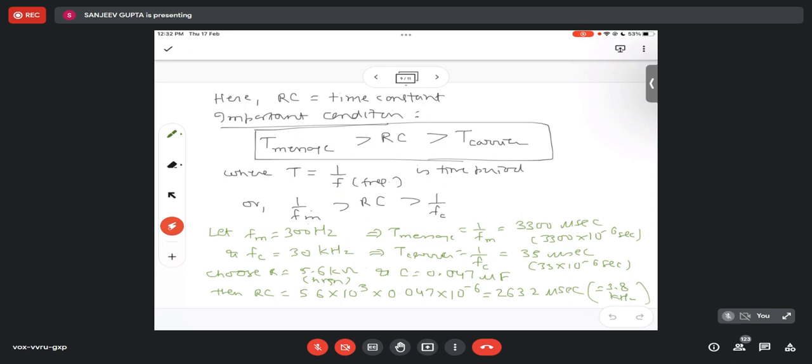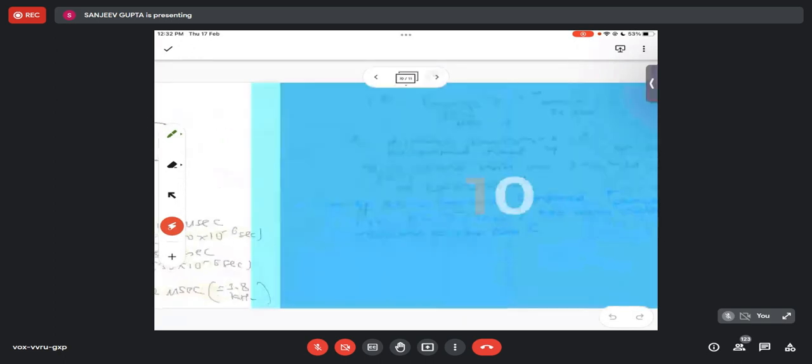So it becomes 5.6 into 10 to the power 3 into 0.047 into 10 to the power minus 6. That will give you the time constant, which is 263.2 microseconds. So with this RC value, my condition is satisfied.